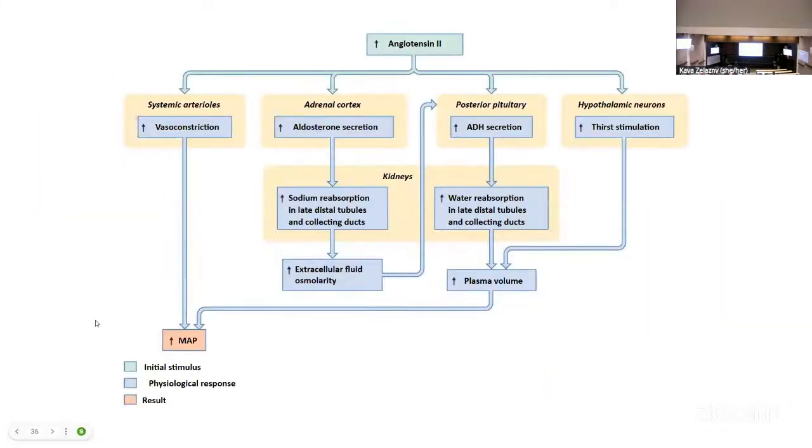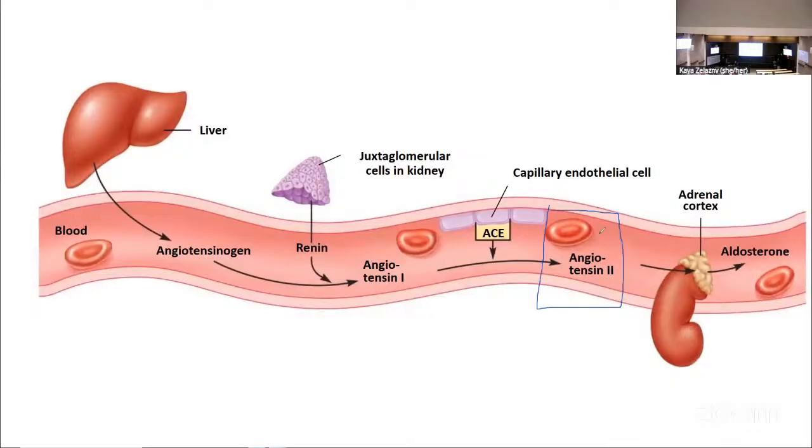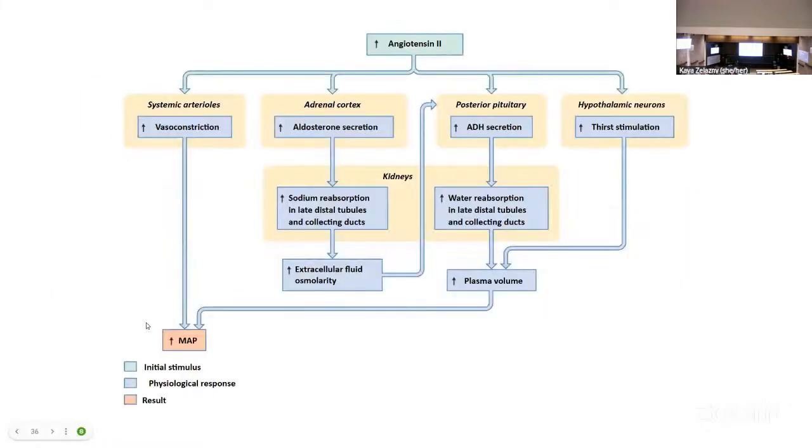So when we think about how angiotensin 2 works, we're zooming in here, angiotensin 2, right before we hit the adrenal cortex and make the aldosterone. We'll see that it actually does a bunch of things.